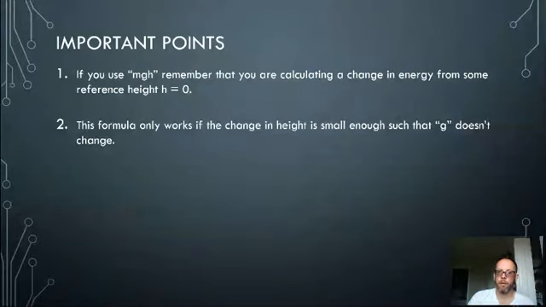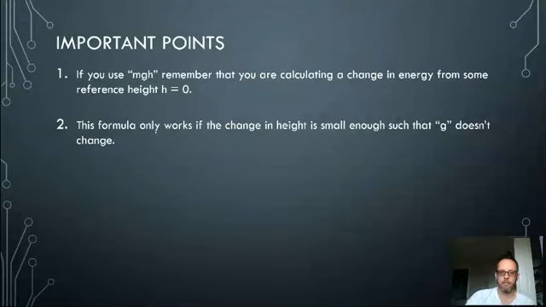Number 2, this formula only works if the change in height is small enough so that g doesn't change. Because I think at this point, when you investigated acceleration due to gravity in your grade 11 course, you talked about how it's around 9.8 meters per second squared on Earth. It doesn't really matter where you are on Earth. It's around 9.8 meters per second squared.